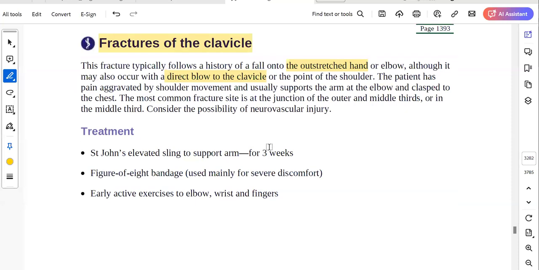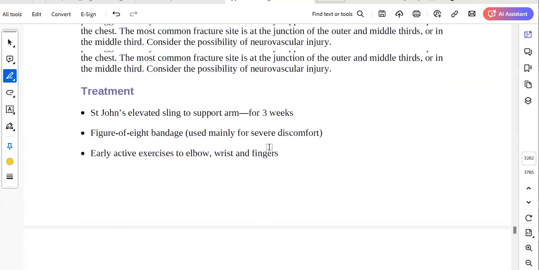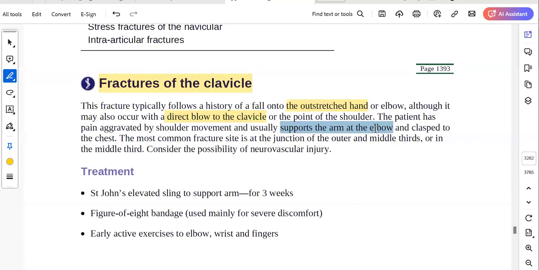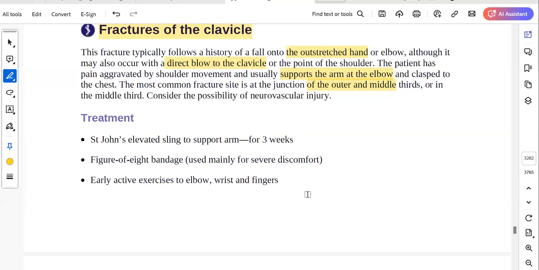Okay. The commonest site of clavicular fracture is the middle third. So the middle third is the main area where patients get a clavicular fracture. Okay. With a clavicular fracture, you need to rule out any neurovascular injury. So what's the nerve which is at risk? The C5 nerve or axillary nerve. So the C5 nerve can get injured, and the patient can have difficulty with shoulder abduction.